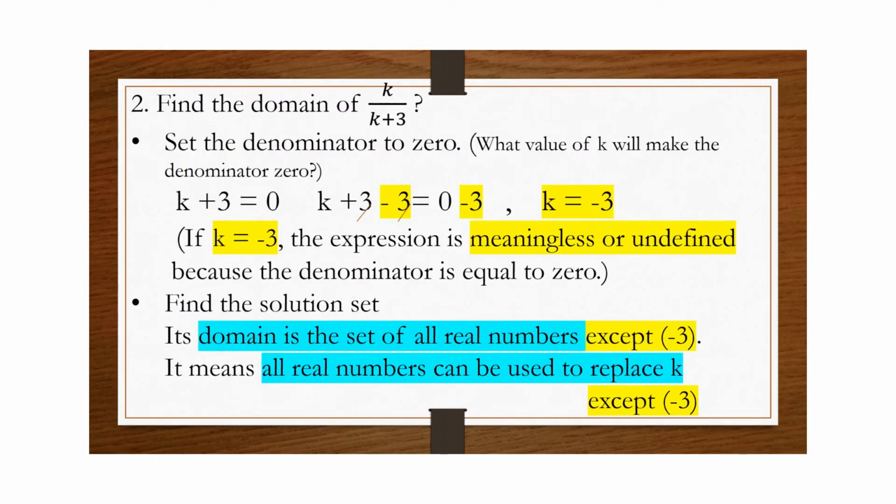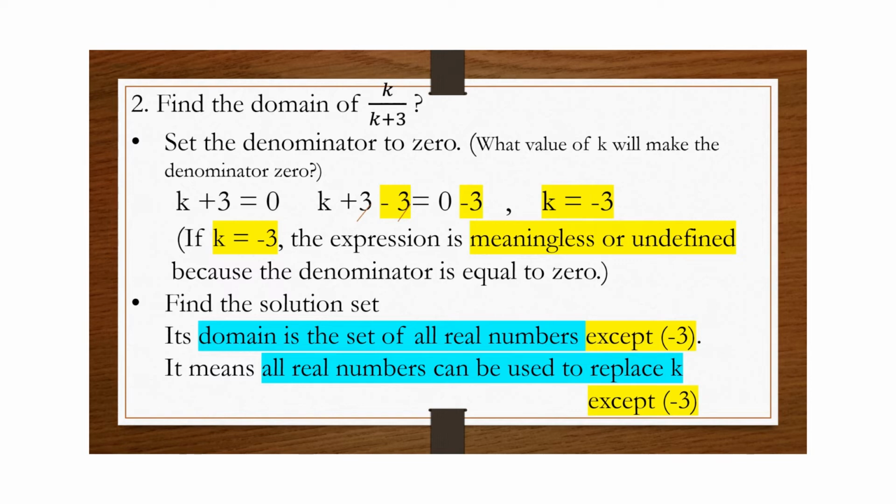Okay, number 2. Find the domain of k over k plus 3. First, we can set the denominator to 0 kasi we have a variable in the denominator. If we are doing this, actually, we are looking for what value of k will make the denominator 0.